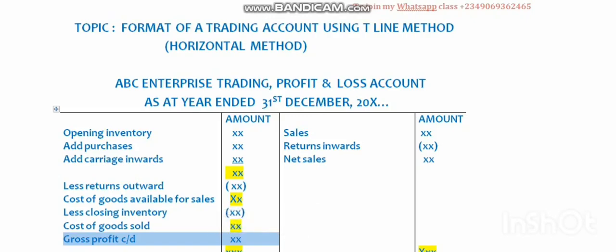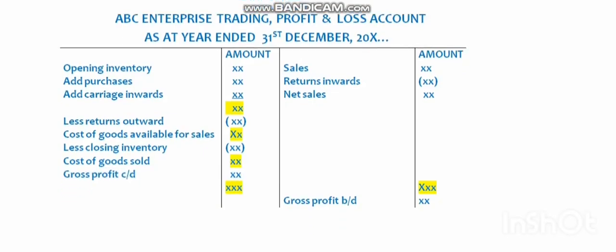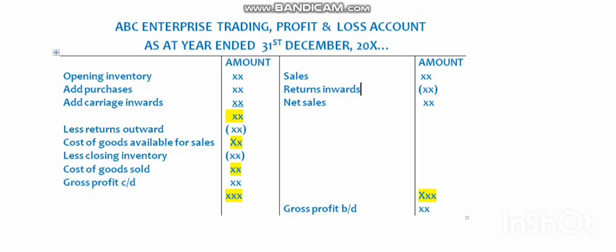Remember, we have something called net sales. How do we arrive at the net sales? For you to arrive at net sales, it means that there is returns inward. When there is returns inward, you less it from the sales.